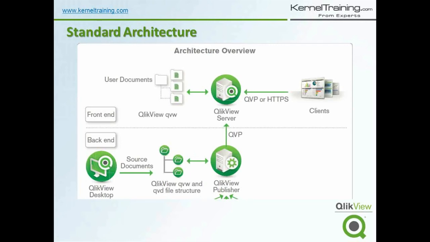It's pretty straightforward, guys. On the back end, we do the designing, development, and publishing. On the front end, business users just view the visualizations. Clients can access via a web page, and you also have the flexibility to view via mobile and tablet. Just visualize that as well in terms of this architecture.